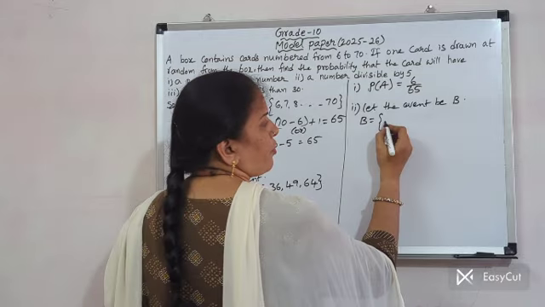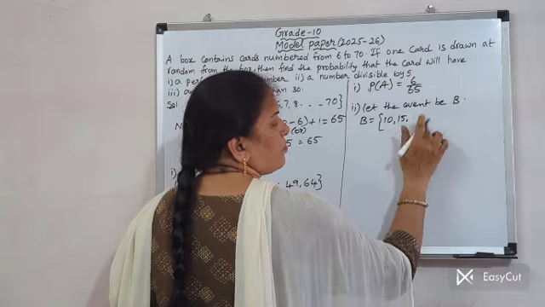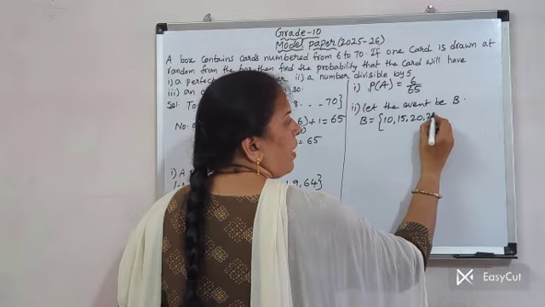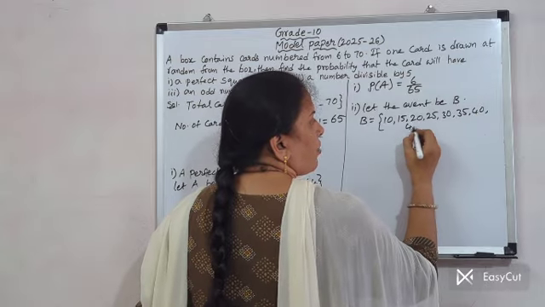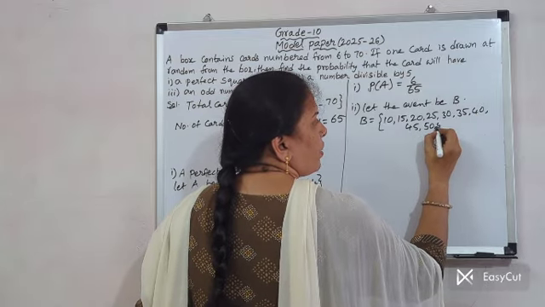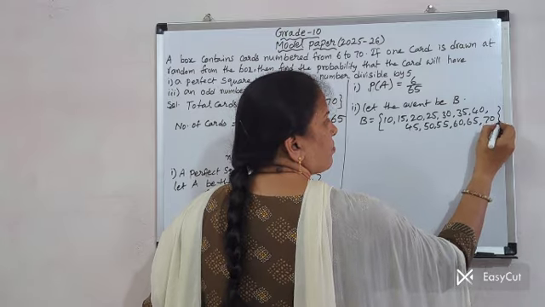So we start from 10: 10, 15, 20, 25, 30, 35, 40, 45, 50, 55, 60, 65, 70.